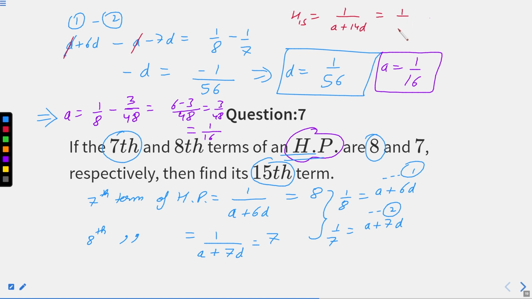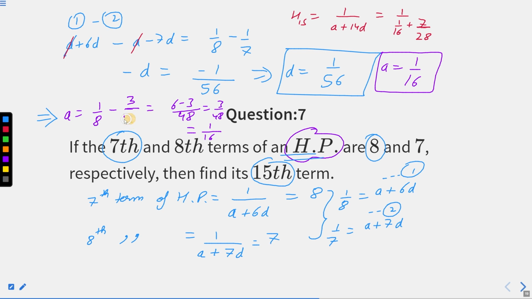Now we know A value is 1 by 16 and D value is 1 by 56. So further simplify this. This will give me 7, this will give me 28. Clear? So now let me think again. I think I have done some wrong calculation.